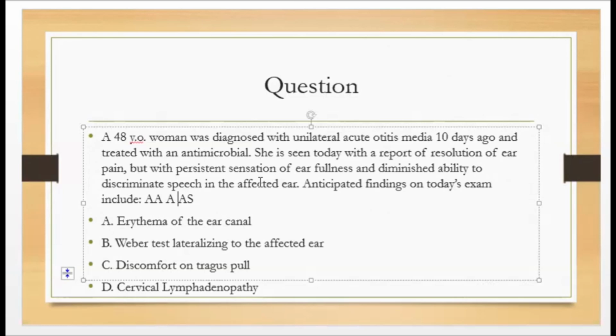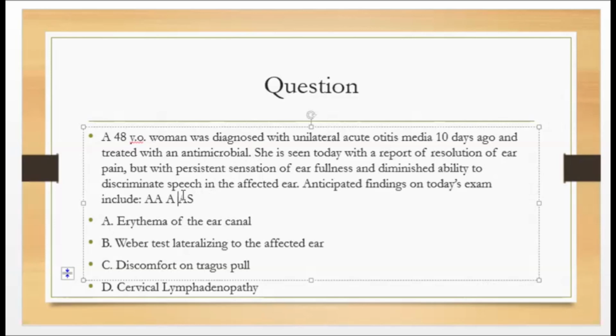Remember, all these things are in the video. Tell them to monitor it for 8 weeks, and after 8 weeks, which is now your 10 weeks, if they still have it, then you have to treat them with Augmentin.